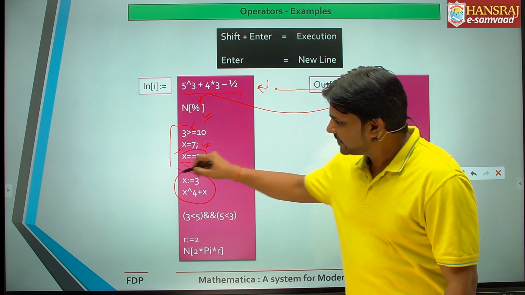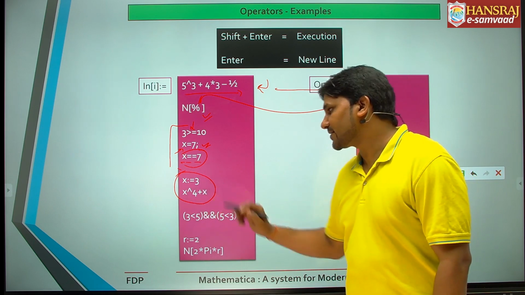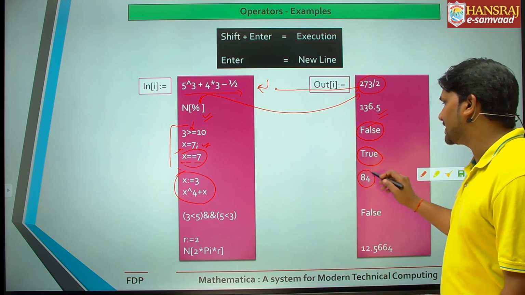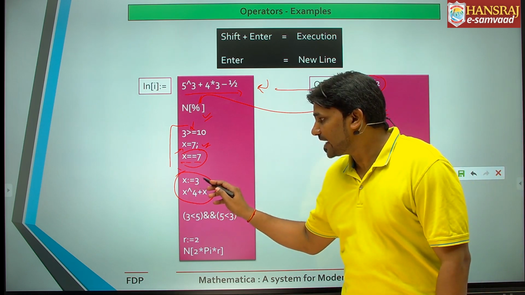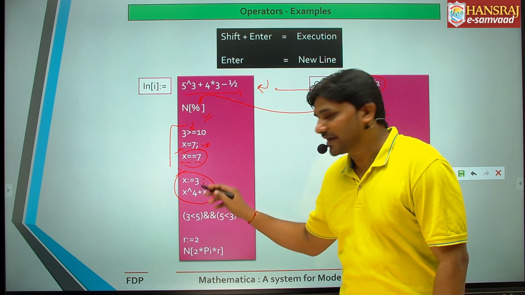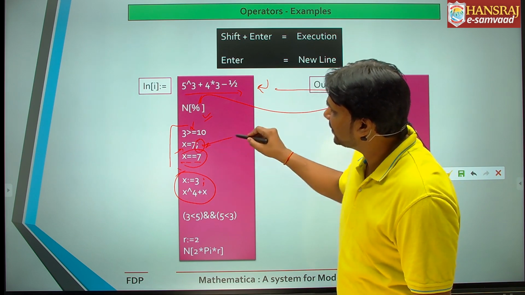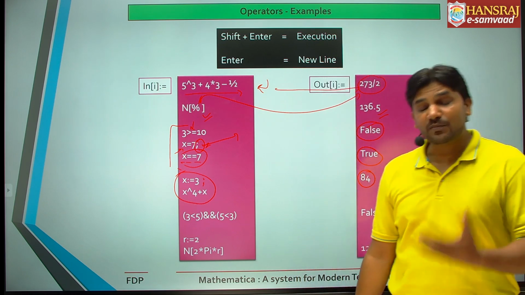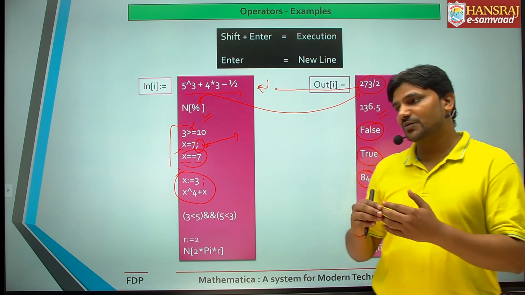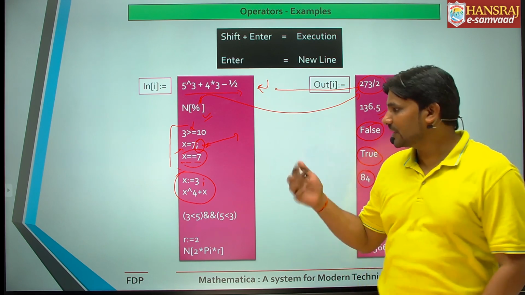Another input, x SetDelayed 3 x to the power 4 plus x, then you will get the value 84. Here I am not using any semicolon after the line. So basically the semicolon is for not showing the output. If you want to use some input in your Mathematica and you don't want to show your output, then you can use a semicolon.